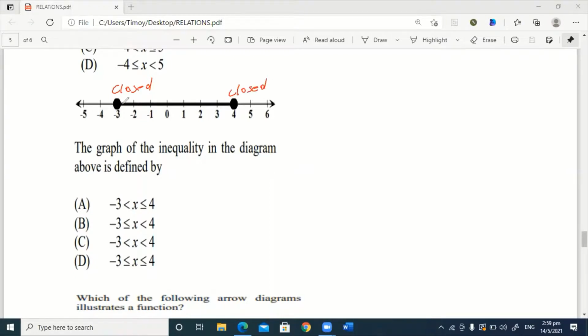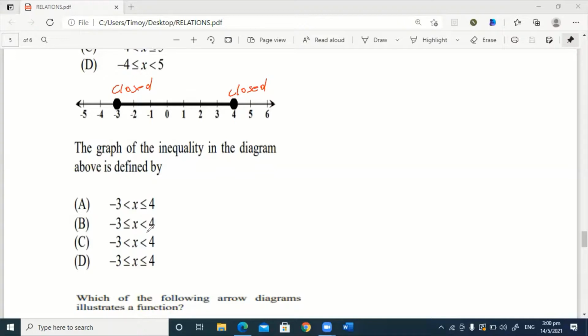So once it's closed there, it means that -3 is a part of your answer and 4 is a part of your answer, because it is telling you that it is equal to 4 and it is also equal to -3. So we are looking for the option that has both inequality symbols with a line underneath it.